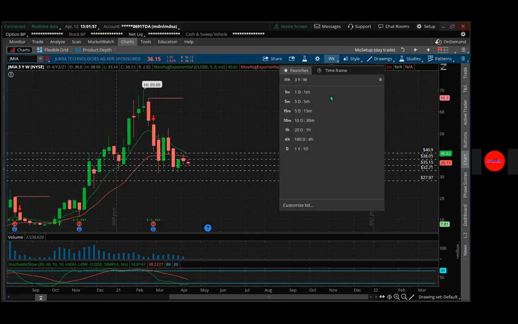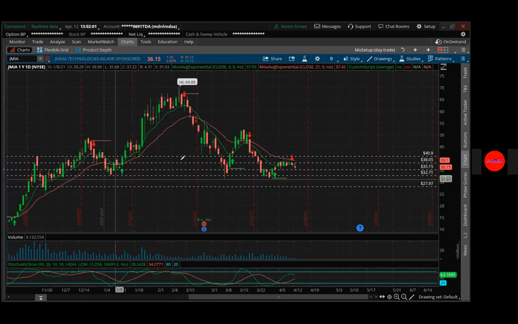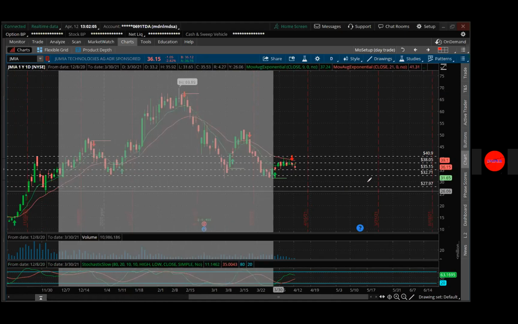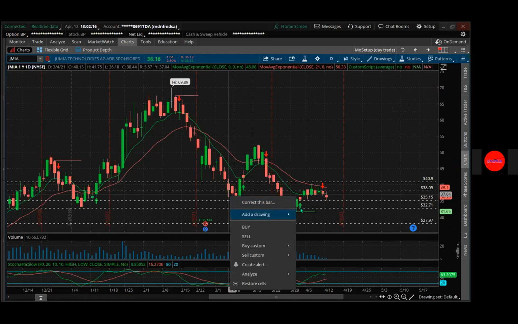All right, once you're done with the weekly, you move on to the daily, right? And you would just be digging deeper into these levels. It seemed like today it tested the 35.15 and created it as support again. All right, you could have this low right here, 36.18.